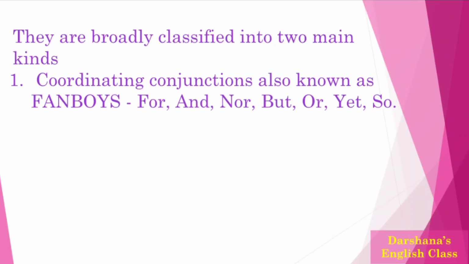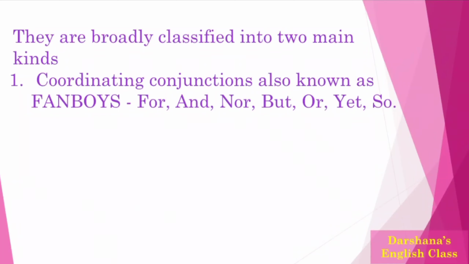They are broadly classified into two main kinds. Coordinating conjunctions, also known as fanboys. Now, fanboys is the short form of the words that are called coordinating conjunctions. I have written those words here: for, and, nor, but, or, yet, so.